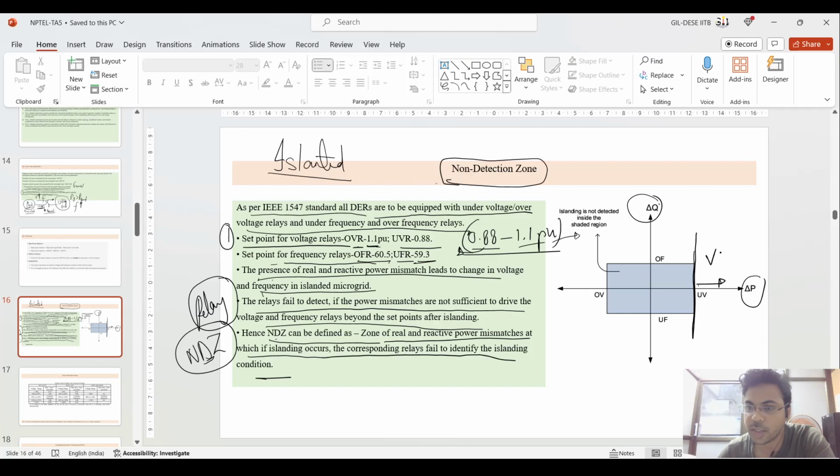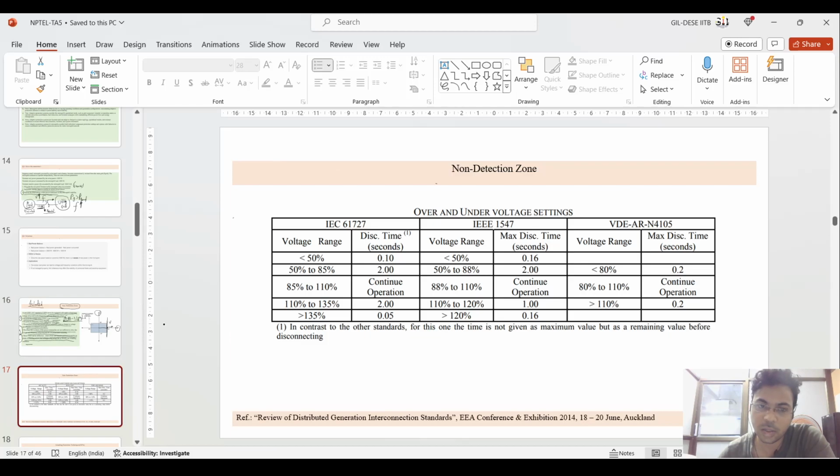In the over voltage situation, the relay should operate when the voltage exceeds this point, but if the voltage is lower than this, it should not operate. So there may be a condition of under voltage or over voltage, but it is operating in the non-detection zone, and the relay does not operate.